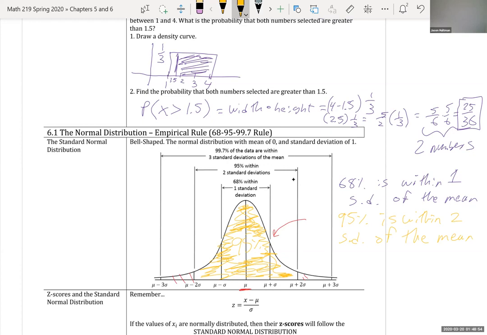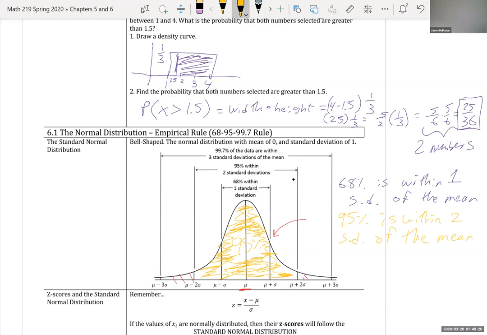It includes that 68%. It's just not these tails over here. We're not talking about just the tails, we're talking about the whole thing. 95% of the data is within two standard deviations.